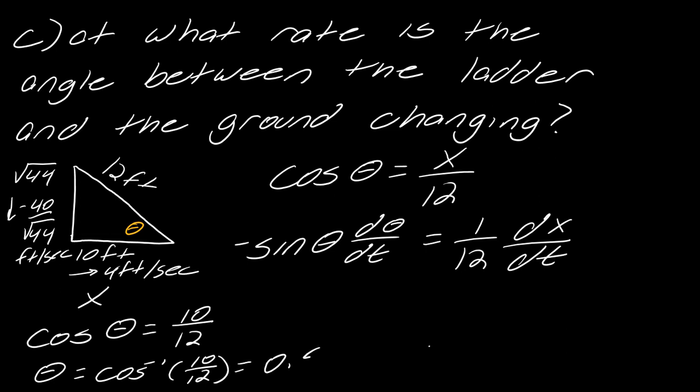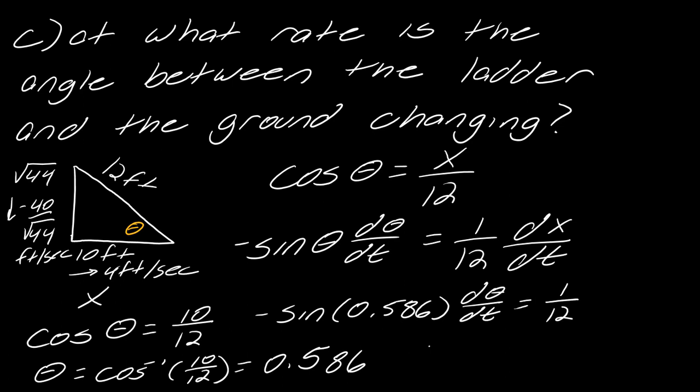That gives me a funky decimal, but that's okay. I'll just use 0.586. So this is my theta, and I can plug this into the equation. This becomes negative sine of 0.586 d theta dt equals 1/12 times 4.